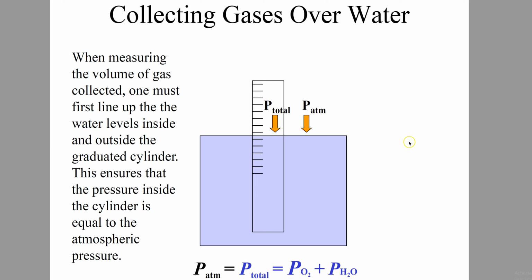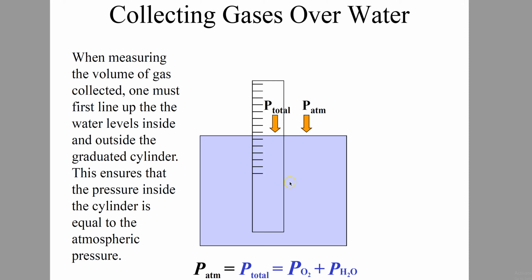Another way of collecting gases over water has to do with atmospheric pressure. When measuring the volume of gas collected, you must first line up the water levels inside and outside the graduated cylinder. We'll be doing an experiment about this. This ensures that the pressure inside the cylinder is equal to the atmospheric pressure.